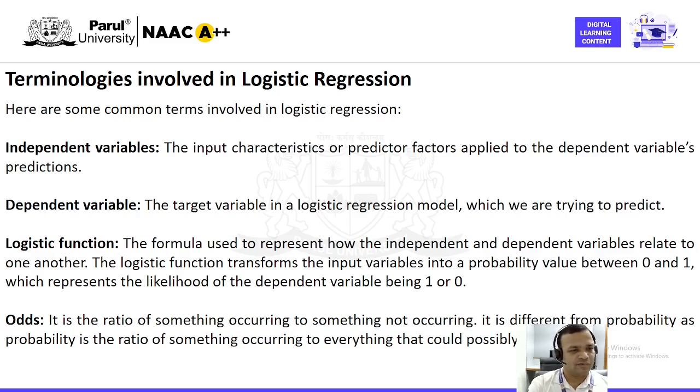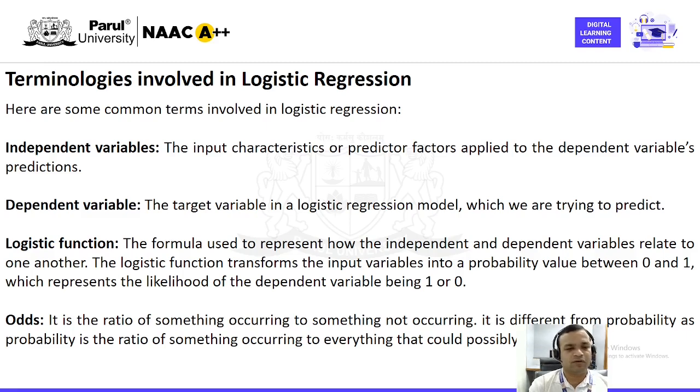There are some terminologies involved in logistic regression. First one is independent variables. As we know, these are the input characteristics or predictor factors applied to the dependent variable's predictions. The dependent variable is the target variable in the logistic regression model, which we are trying to predict.